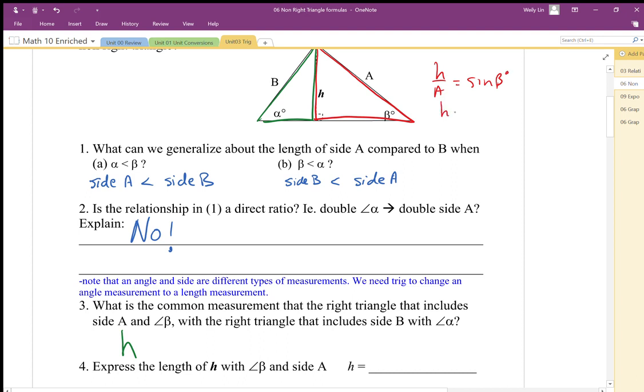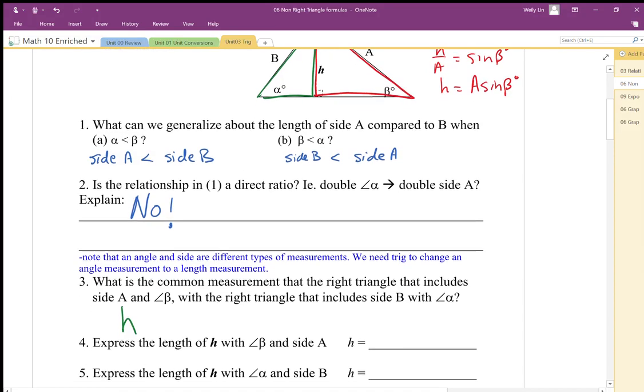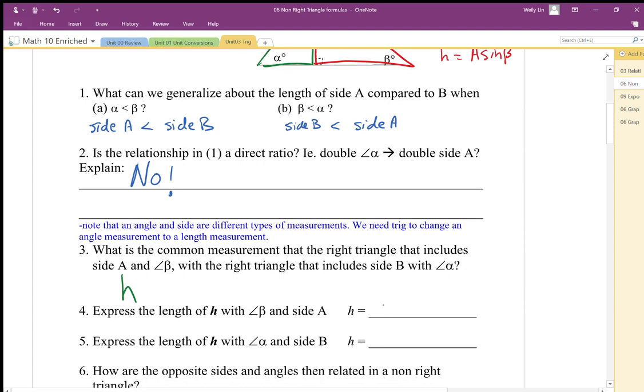That means that H is equal to the length of A times sine of beta. By using sine, I'm talking about a ratio, and now we're talking about a side length in terms of A and the angle. So I'm going to write that down: H is equal to A sine beta degrees.